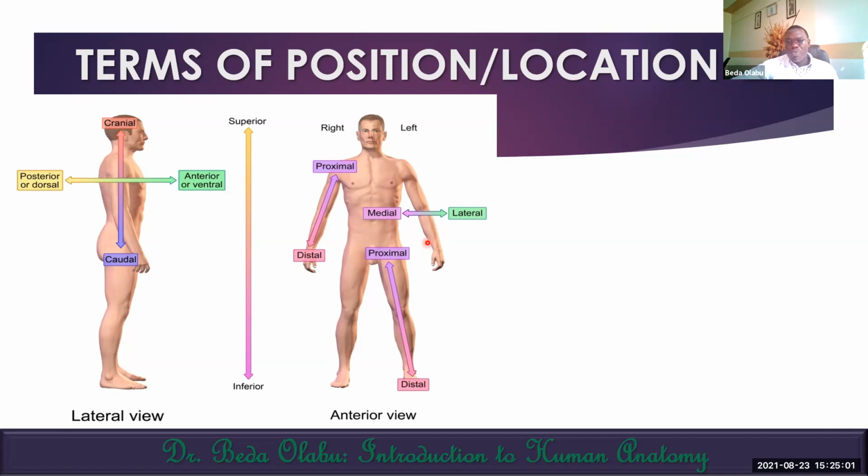You must be comparing at least two things. They are relational terms. They are not absolute terms. If it is in front, it must be in front of something. If it is behind, it must be behind something. If it is on top, it must be on top of something. And if it is below, it must be below something else. We want to hear the concept of relationship.